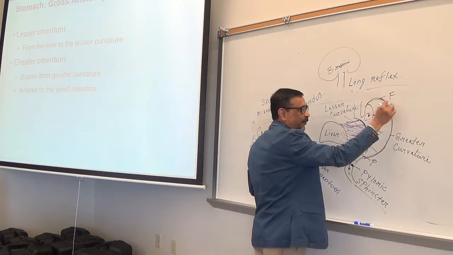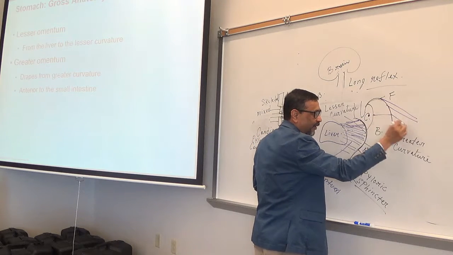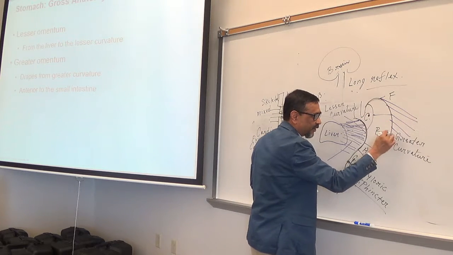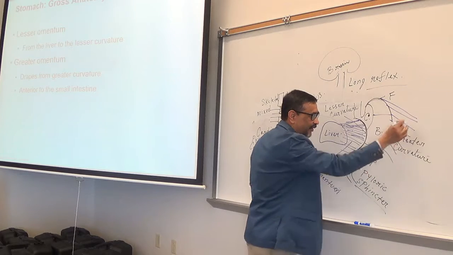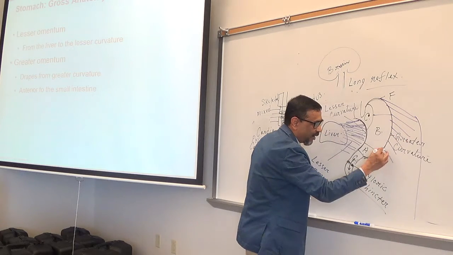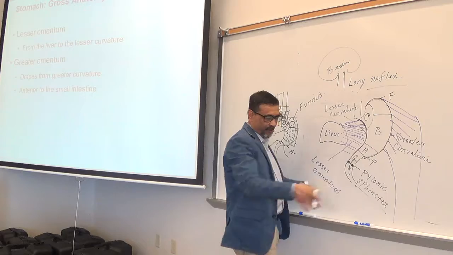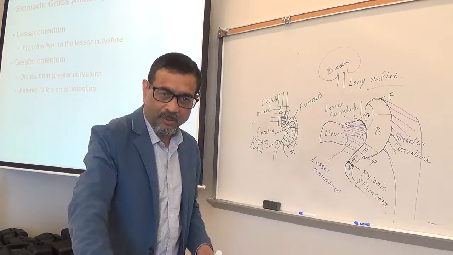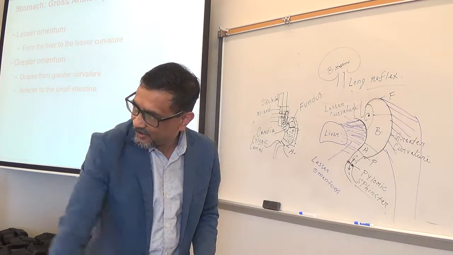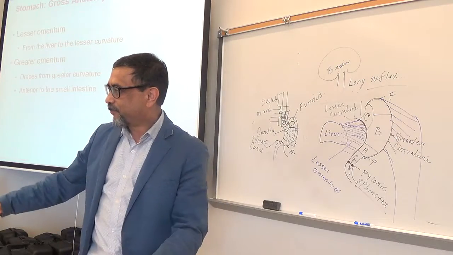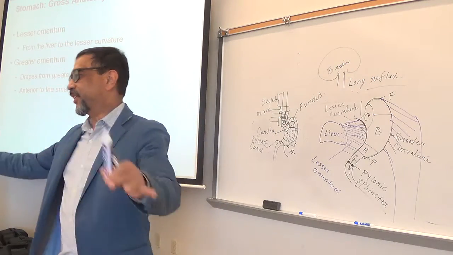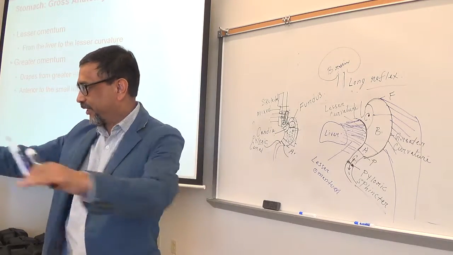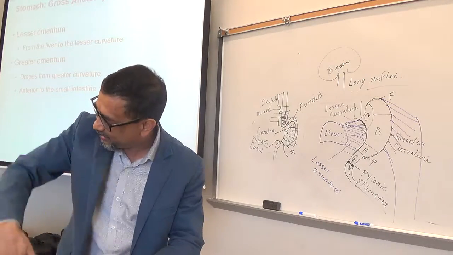And another omentum is attached to the greater curvature of the stomach, like this. And this one drapes down like this, like if I put a cover on the table, a table cover, or a bed sheet. On the bed, we put the sheet, right? So part of it hangs like this.